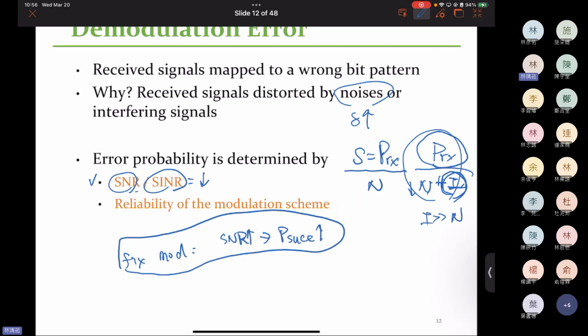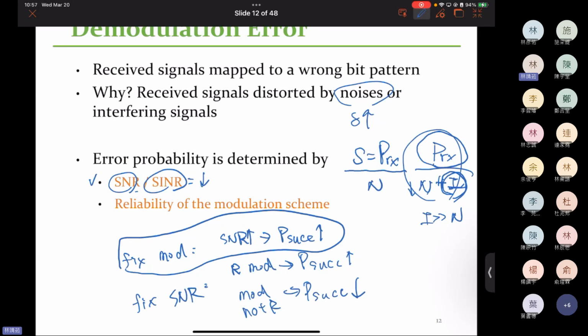The second parameter is actually the modulation algorithm we are using. For different modulation algorithms, we say some are more reliable, some are less reliable. So if you have a fixed SNR, a fixed channel quality, and you have some reliable modulation scheme, then your success probability can be higher. If the modulation scheme is less reliable, then of course your success probability will be lower.